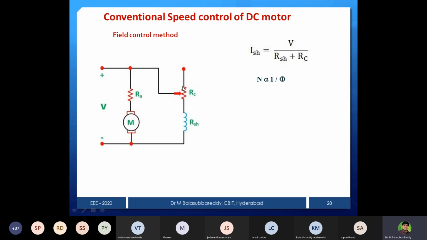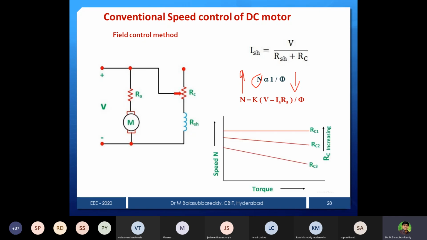Whenever the current through the field winding is changed, or you add resistance, the current will be minimum, then flux will be minimum. If the denominator is minimum, then speed will be high. With that logic, if you keep reducing the current through the field winding, you will get a higher speed. So these are the two methods already available conventionally, what we do in the laboratory.